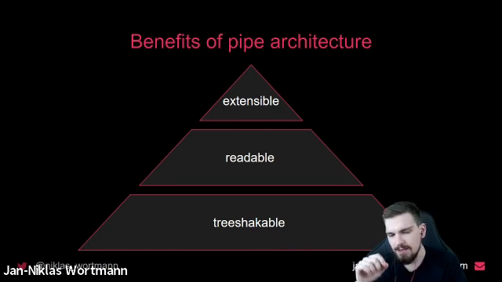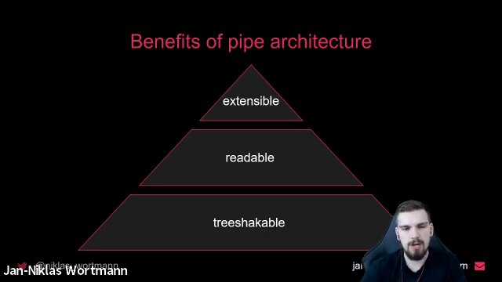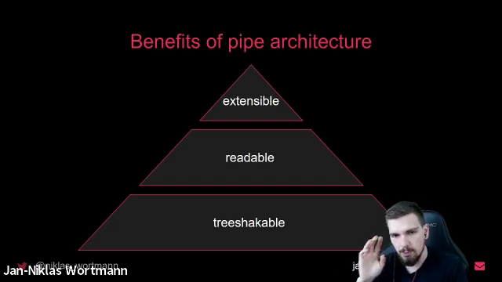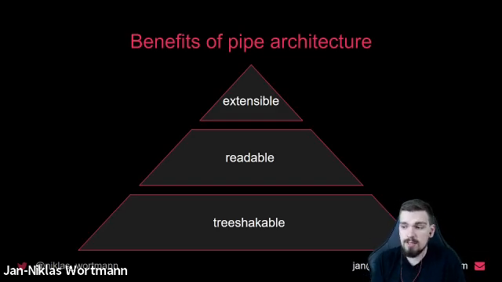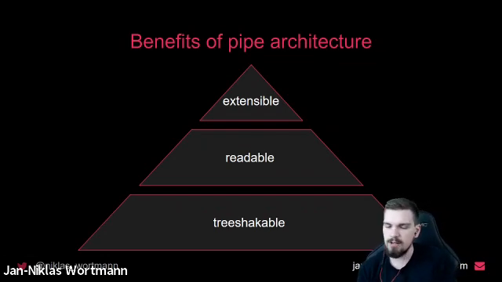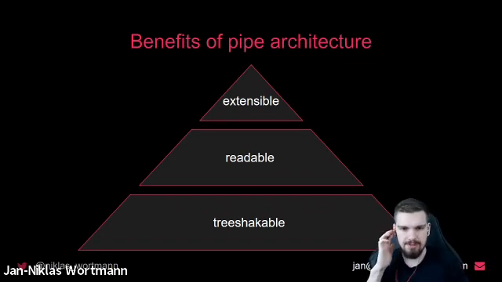And the last benefit is extensibility, because before RxJS 5.5, it was fairly more complicated to add custom operators. And with the pipe architecture, because it's still just a function taking a source argument and returning a new observable, this is manageable. We can, I don't want to say easily, but we are at least able to add new operators.